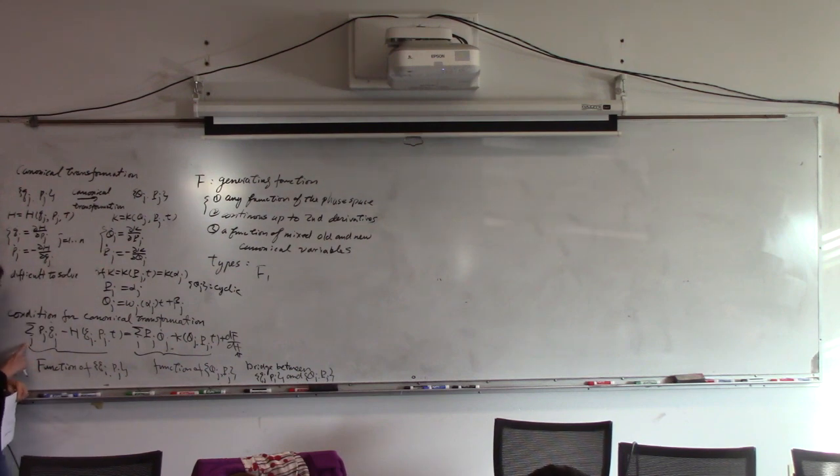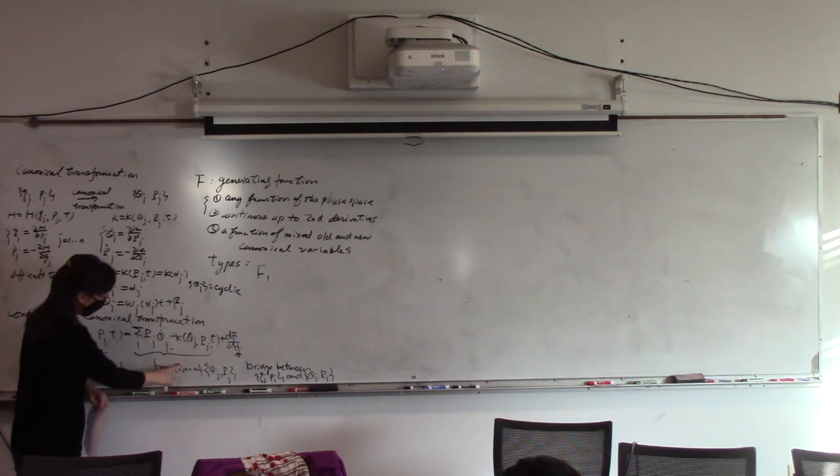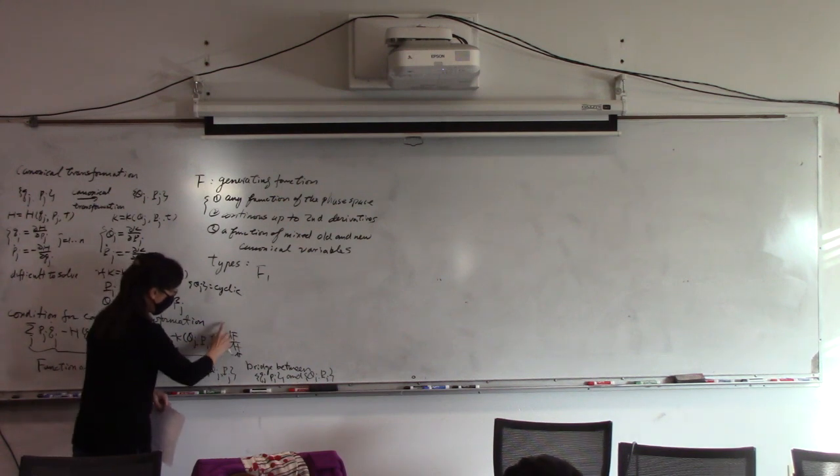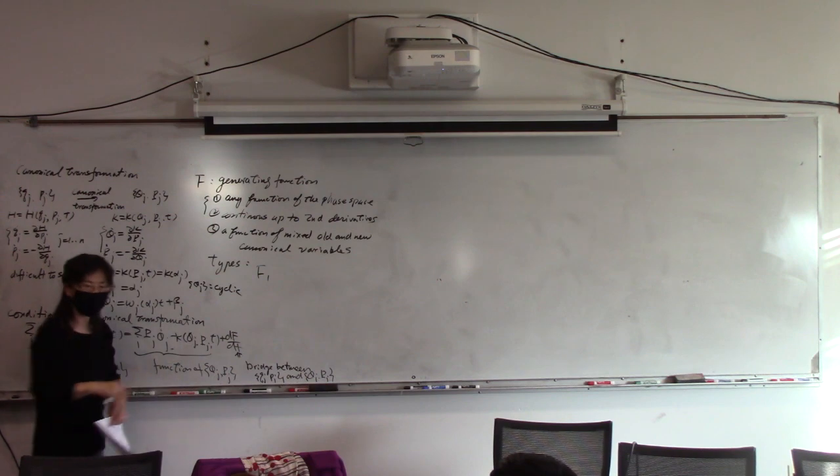The condition here we discussed last time. The condition comes from Hamilton's principle. We obtain the left-hand side as a function of all the old generalized coordinates, and the right-hand side as a function of the new generalized coordinates, plus an arbitrary function, the total time derivative dF/dt. This one is key.